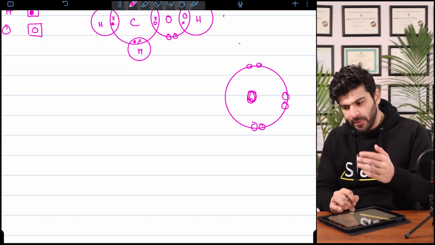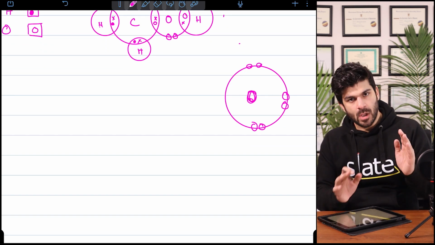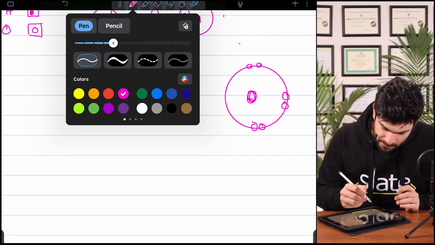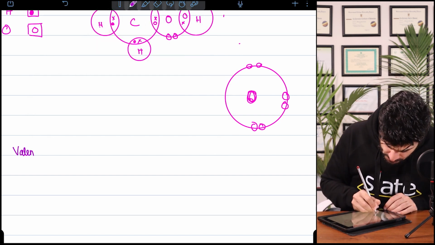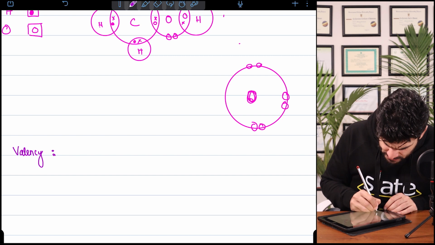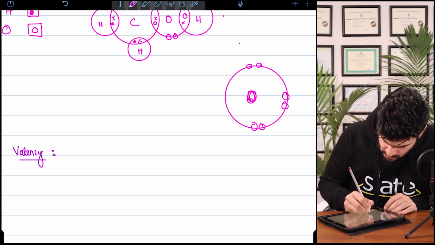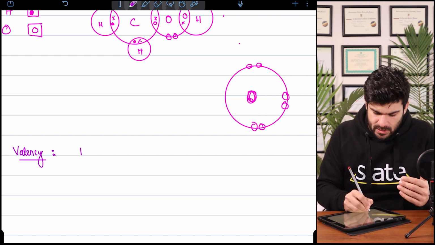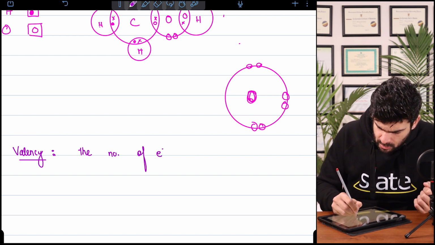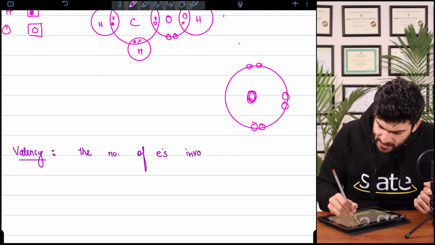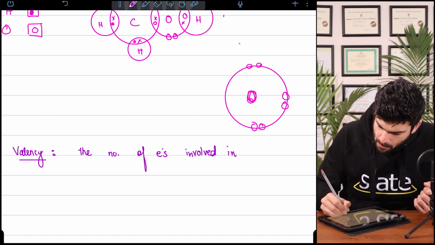And from here on, before we talk about the properties of covalent compounds, let me explain you one thing. The concept of valency. Valency is the number of electrons involved in bonding.